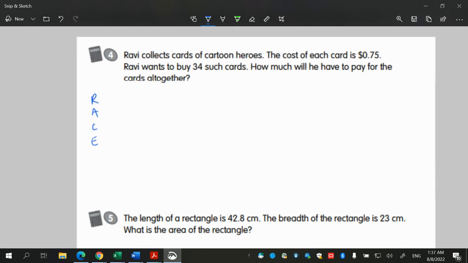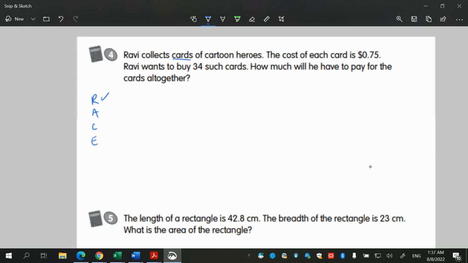Question 4. Ravi collects cards of cartoon heroes. The cost of each card is 75 cents. Ravi wants to buy 34 such cards. How much will he have to pay for the cards altogether? Okay, I'll go with the second reading at the same time.